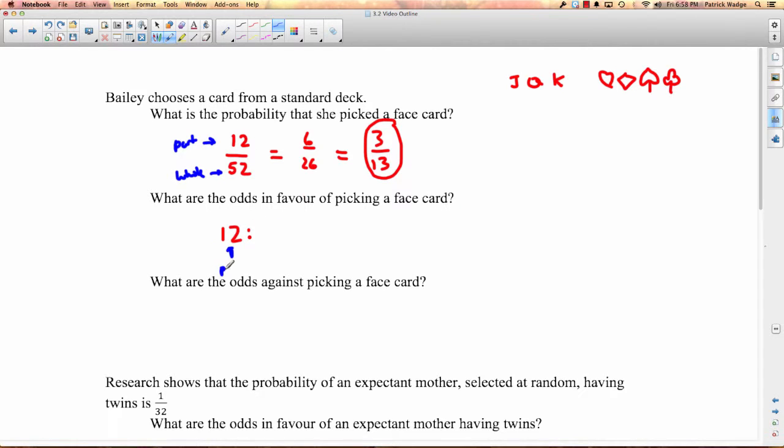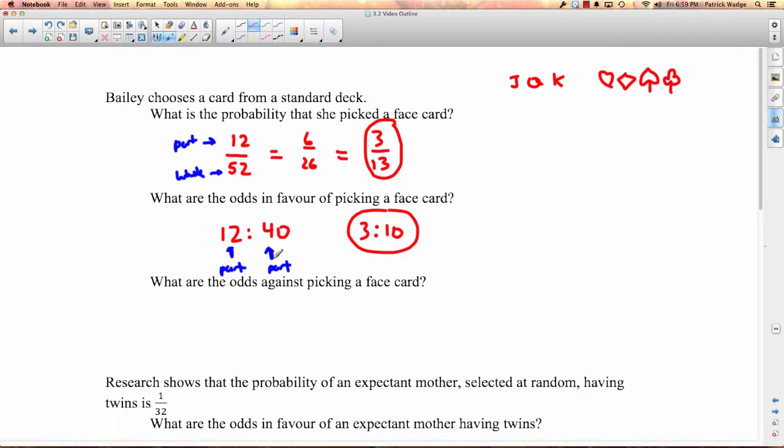This is the favorable part, and here we have to put the unfavorable part. So how many unfavorable cards are there? If there's 52 cards total, 12 are favorable. How many are unfavorable? 40. So your ratio is 12 to 40. Put it in lowest terms, you can divide them both by 4, you get 3 to 10. This is the odds in favor of picking a face card. What are the odds against picking a face card?